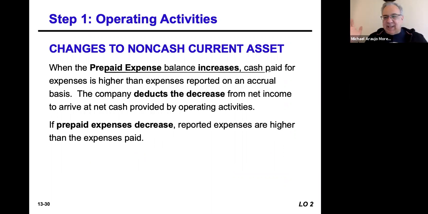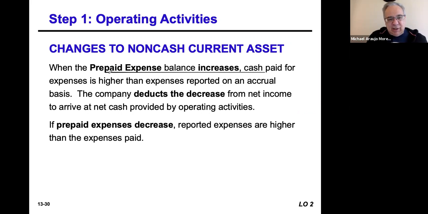Prepaid expenses, again, prepaid insurance, supplies, etc. If you have more supplies, you have to use cash for that. If you have more prepaid insurance, you have to use cash for that. If you have less, you saved cash. So that's how the cash basis sees things.